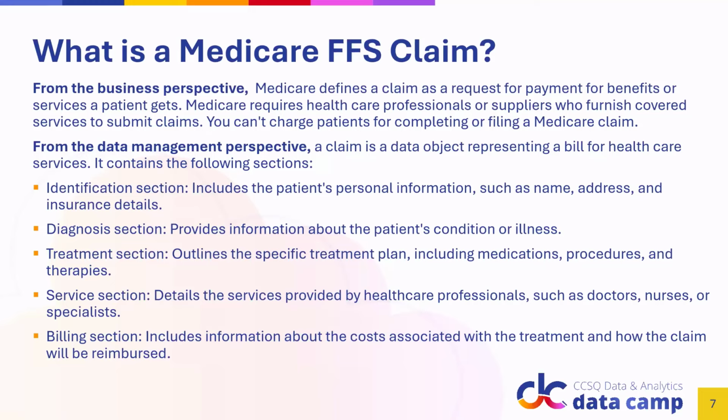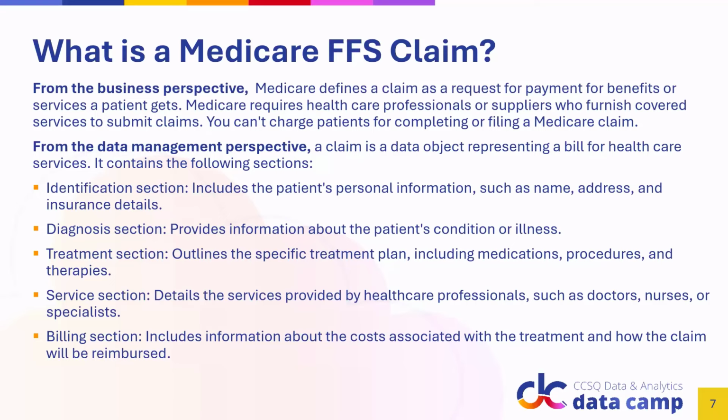And from a data management perspective, a claim is a data object that represents a bill for healthcare services, and it contains the following sections. Identification section, which includes patient personal information and demographics. Diagnosis section, which provides information about the patient's condition or illness.